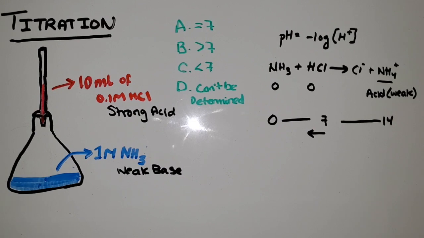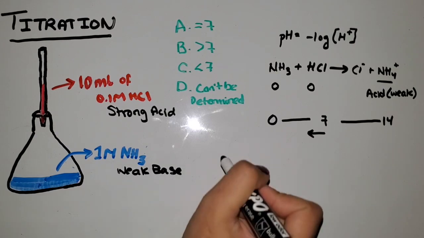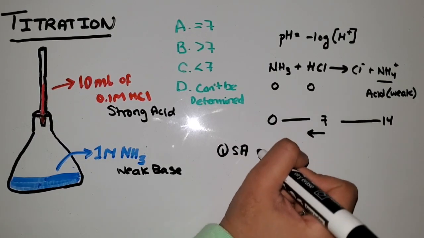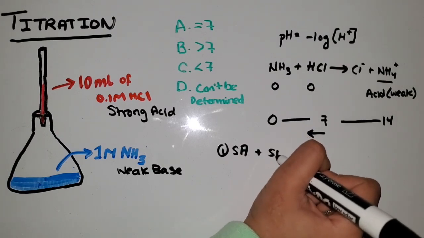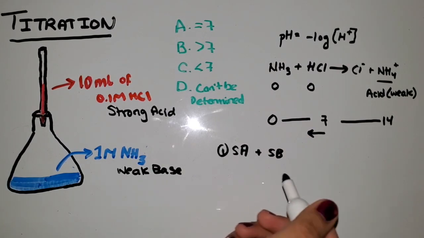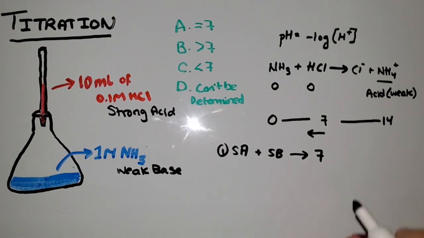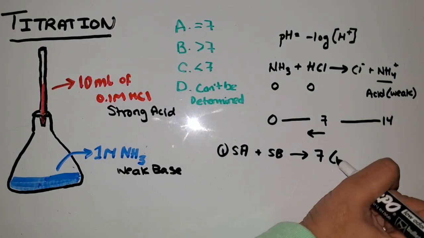Now, something you should know for all cases, I'm just going to go over all of the possible scenarios. So, scenario 1, if you have strong acid, I'm just going to shorten it, plus strong base. These two, when combined and neutralized, we get exactly 7 as our pH.